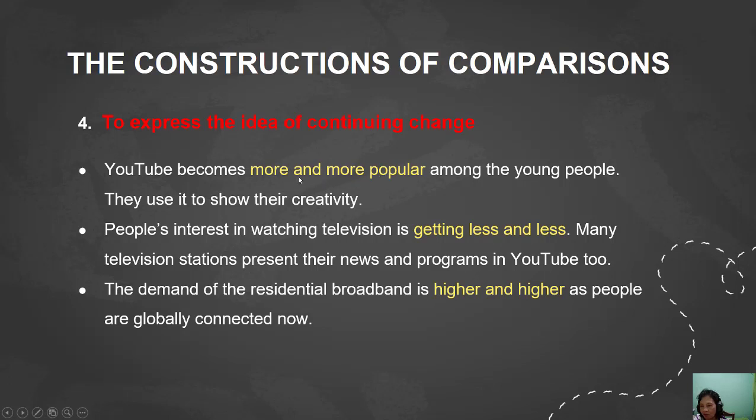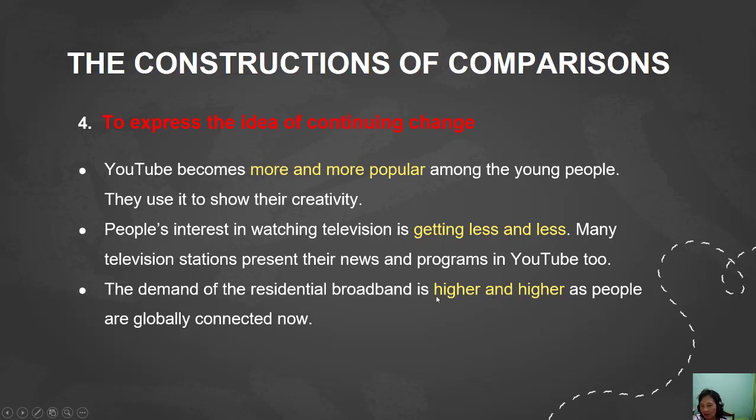It is not "more popular and more popular", but we just repeat the word more. But for this one syllable with ER, you have higher and higher. I hope that you can understand about the difference between this one with more than one syllable and this one with only one syllable.